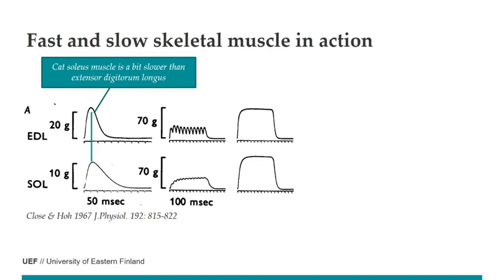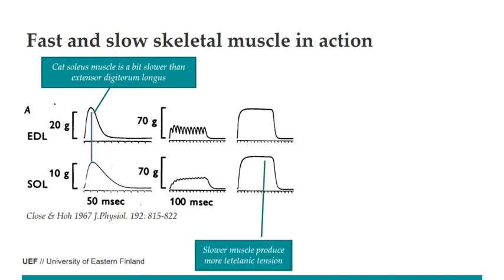And then you can see that the tetanic tension is a little bit higher in this slow muscle. So there are some differences. But for example in a single twitch, you must be quite careful analyzing whether there are any differences, etc.